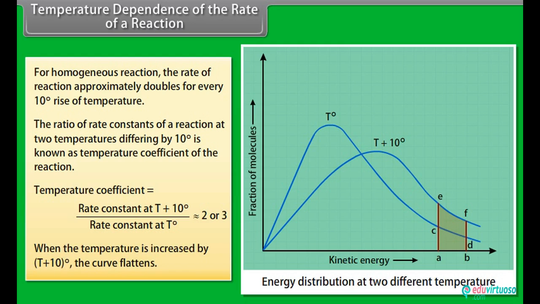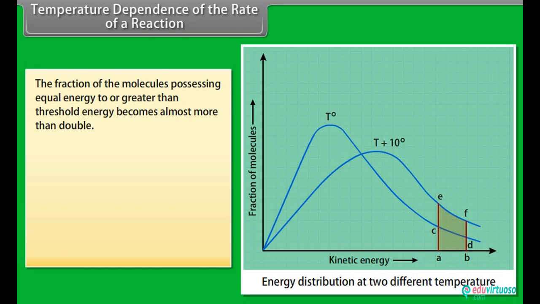When the temperature is increased by t plus 10 degrees, the curve flattens. Now the shaded area ABEF represents the fraction of molecules having greater energy than threshold energy. The area ABEF is more than double the area ABCD.